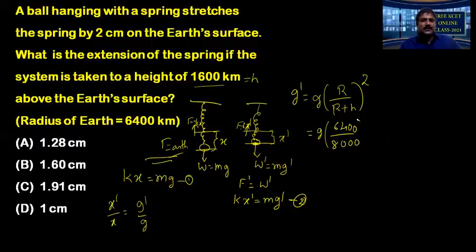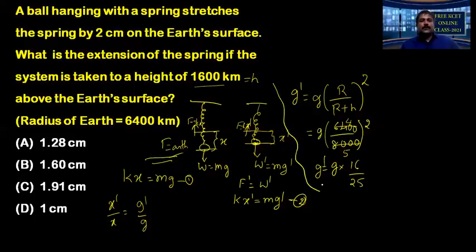So 8000 is the denominator, the entire thing squared, that is g into, after cancellation, 6400 over 8000 is 4 by 5. 4 by 5 squared is 16 by 25. This is the value of g dash at a height of 1600 kilometer.